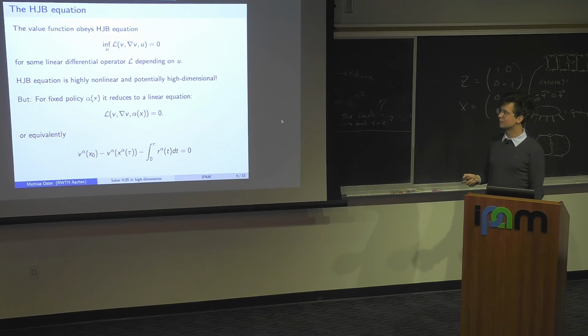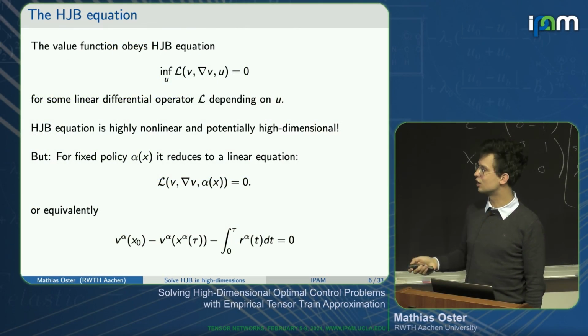And the key observation here is that if I ignore this infimum, I have a nice equation. And then you just say, okay, let's alternate somehow. Solve the nice equation and then change the feedback law with the formula I showed you before, and then solve the nice equation again.